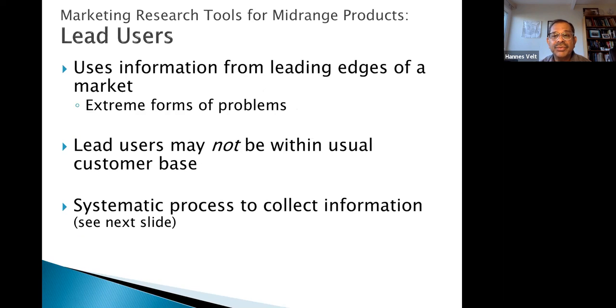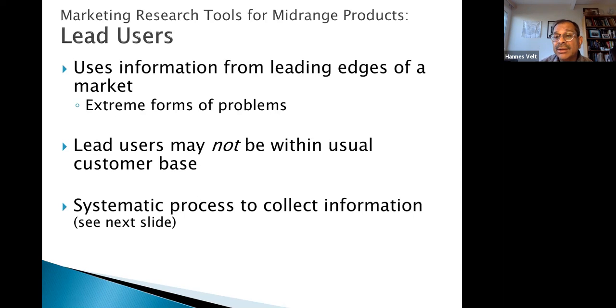So for example, if you are Virgin Galactic and you want to get some insights from lead users, there haven't been a lot of current customers of that yet, so you might have to reach out to astronauts from NASA or other companies. You might have to tap into fighter jet pilots in the Air Force. You might have to tap into material scientists doing cutting edge research on new materials.